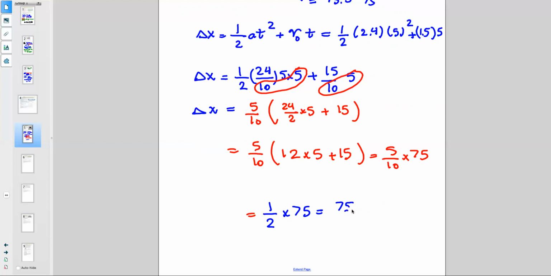So 70 over 2 is 35, right? 5 over 2 is 2.5. 35 plus 2.5 is 37.5. Delta x, so it's in meters.